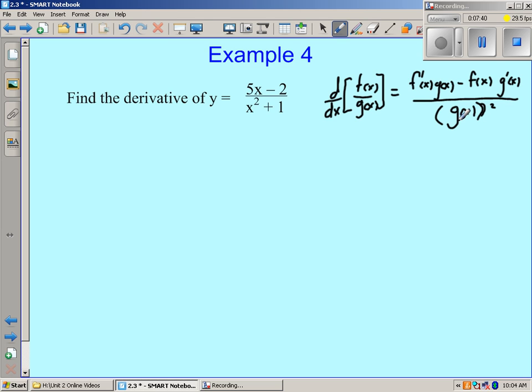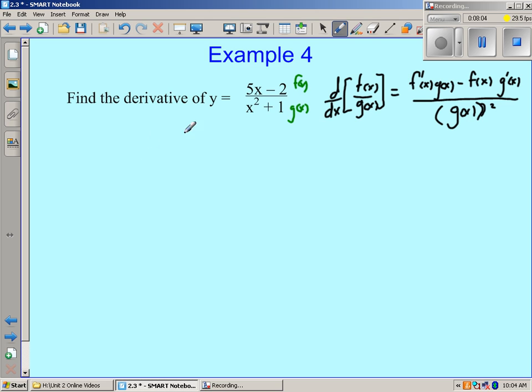So what I've done here, just to remind you, is that I set up the top part the same way as I did with the product rule. The only difference is it's a subtract sign, and that should make a little sense because when we're dividing, we're subtracting, not adding, like product. So this will be f of x, we'll say, and this will be g of x, so I can just follow this rule.